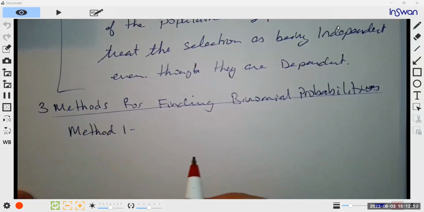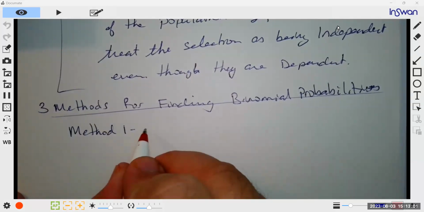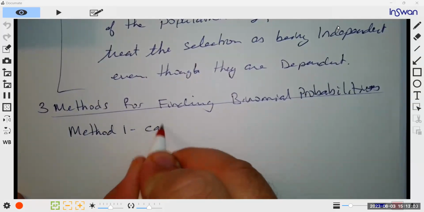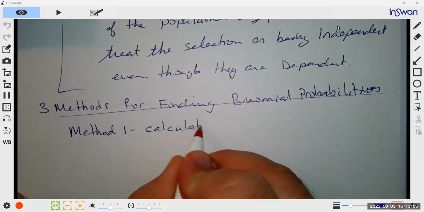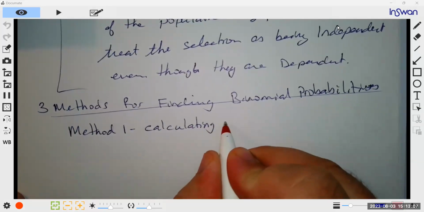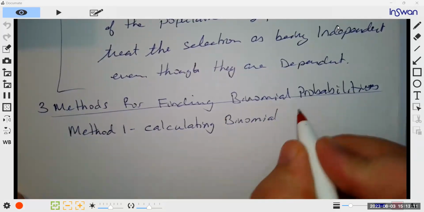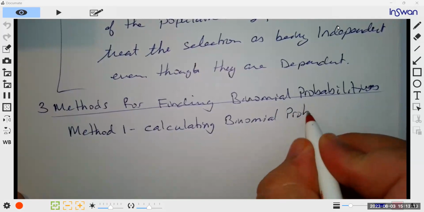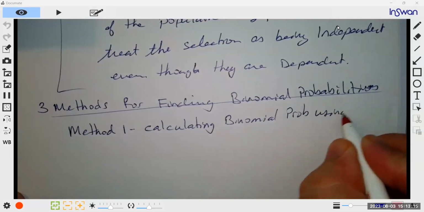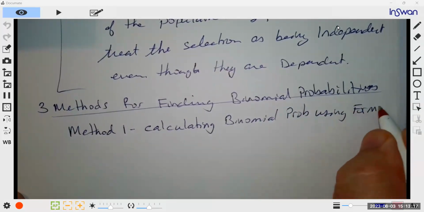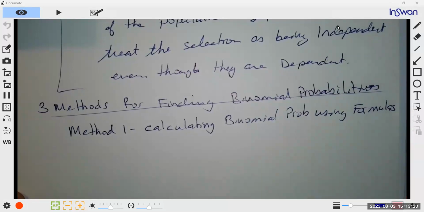Method 1. Calculating binomial probabilities using formulas.